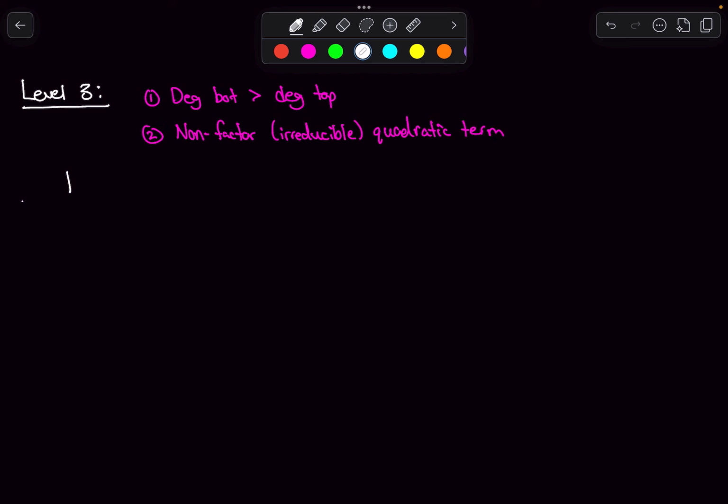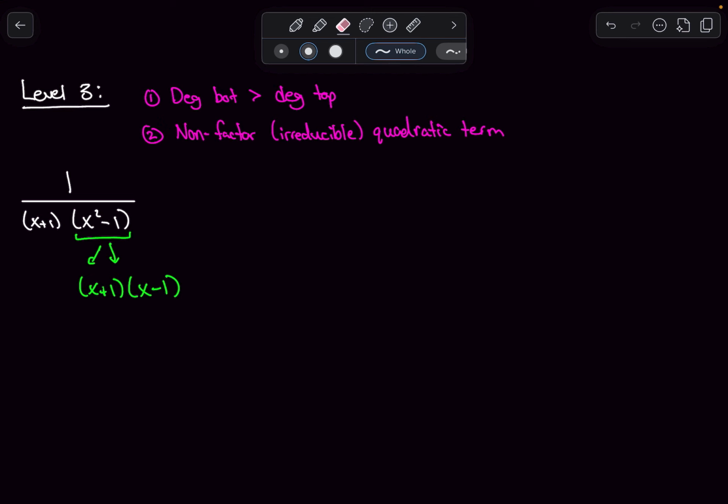If I were to give you something like x plus 1, and then I gave you x squared minus 1, this thing is a quadratic, but it's not irreducible. It's factorable, because this is a difference of squares, and it actually does factor into x plus 1 and x minus 1. We know that we have the quadratic formula at hand.